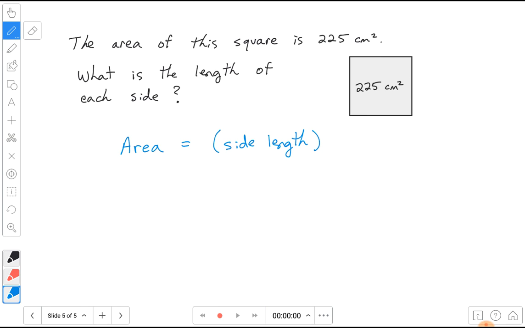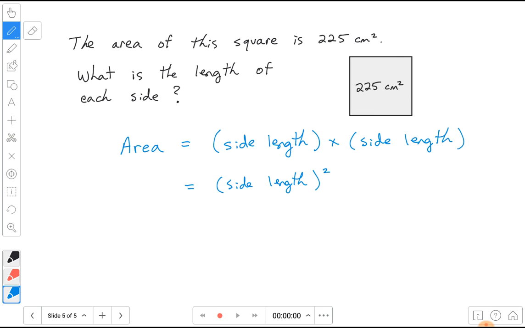And when it's a square, that means you have the side length of one times the side length of the other, and these are both the same in this case. So we can rewrite that as area equals side length squared. That is where these units come from, because we're multiplying some length in centimeters by another length in centimeters. So centimeters times centimeters gives us centimeters squared.